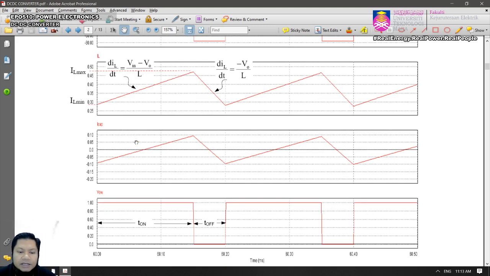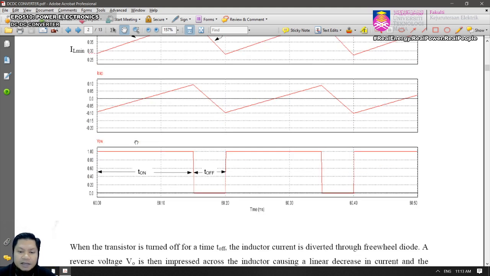The other thing is we have this duty ratio, a variable normally denoted D. The duty ratio determines how long the switch is on.